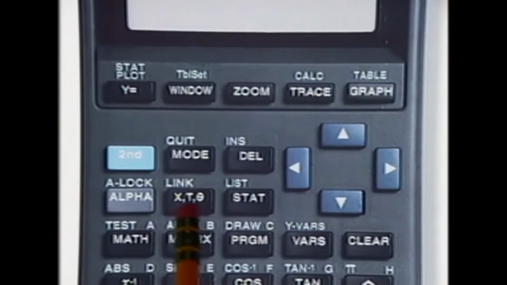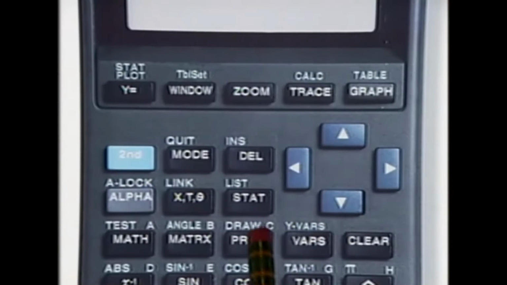This key is very important. It says x, comma, t, comma, theta. That's the variable key. Ours will always be x because x is a real number, and we're writing this in rectangular coordinates. So we would not use theta, which is polar coordinates, or t, which is parametric coordinates.